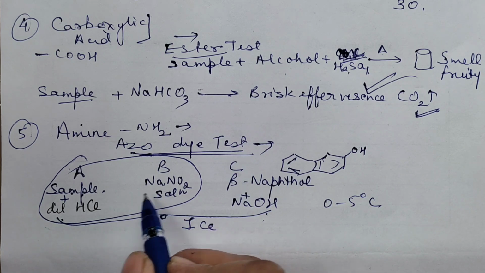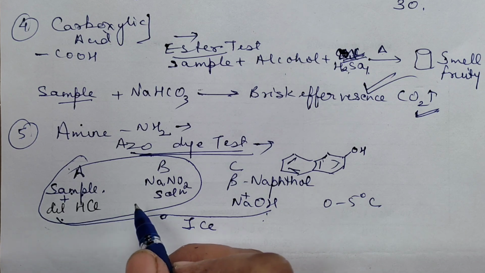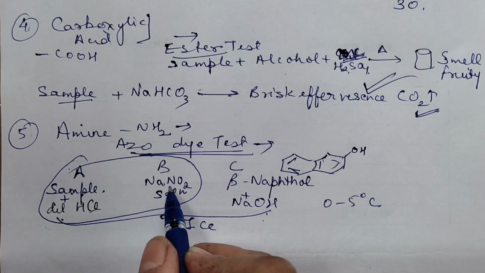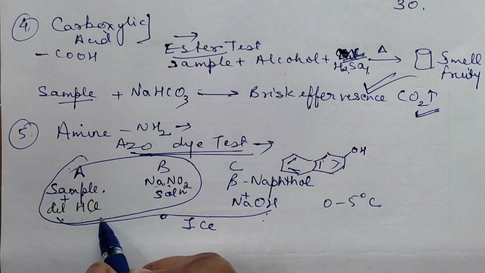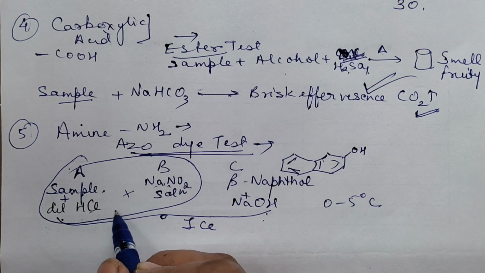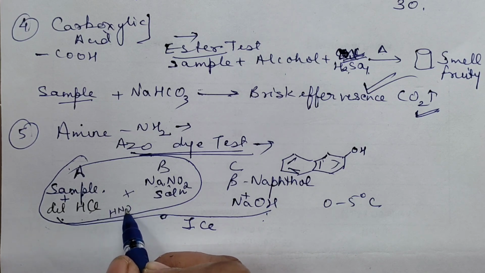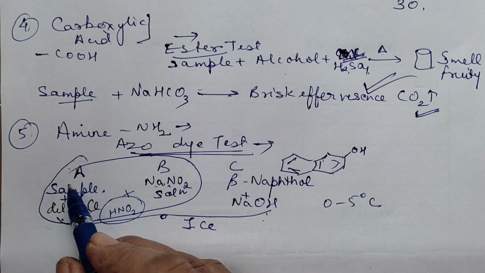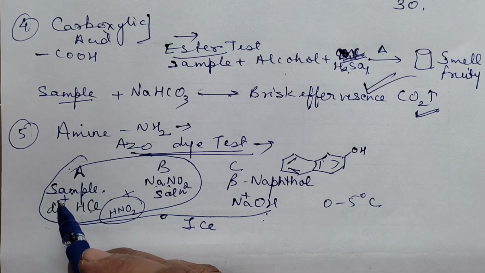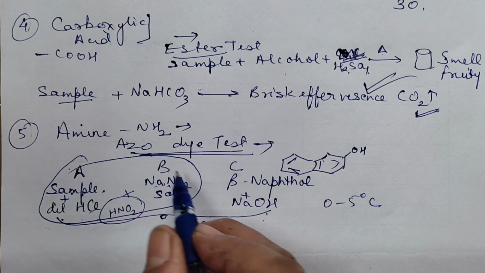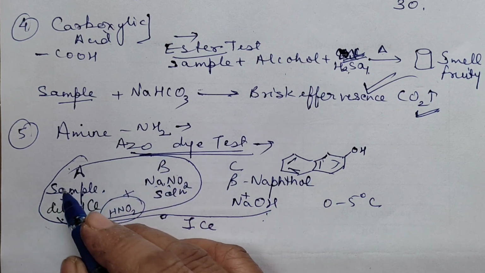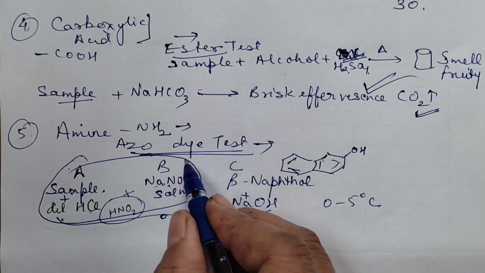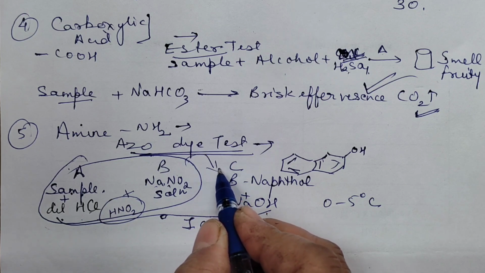So first thing is, you cannot take HNO2 as such in the lab. So you are mixing NaNO2 and HCl there to form HNO2, and that HNO2 will now combine with aniline and will result in the formation of the diazonium C6H5N2Cl. Now A and B you mix, and then you add this combination of A and B to C. Right?